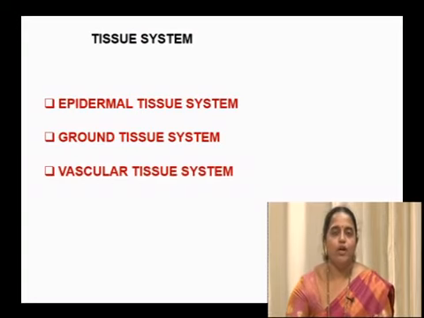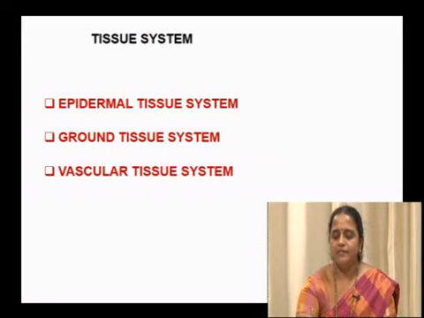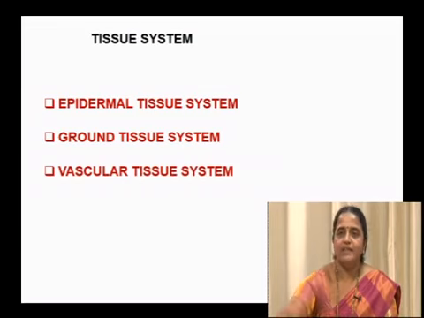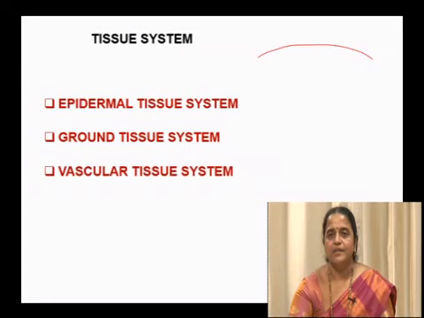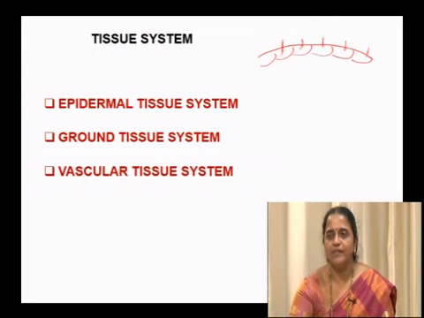To begin with anatomy, we should know three tissue systems. The epidermal tissue system comprises a single layer, and that we call the epidermal tissue system. If you consider the root, it has thin walled, non-cutinized cells, and they produce unicellular outgrowths. These are called root hairs.